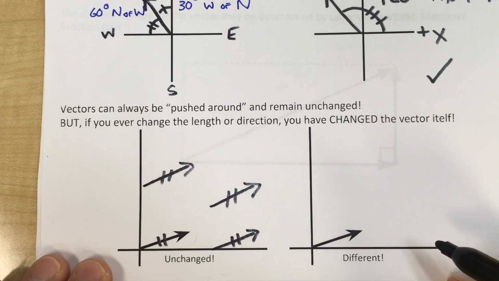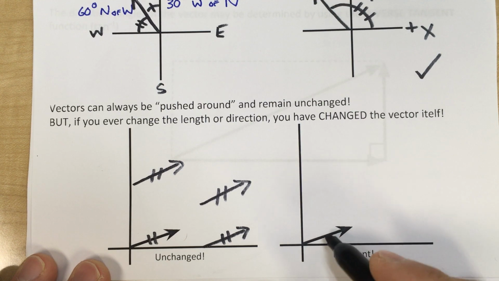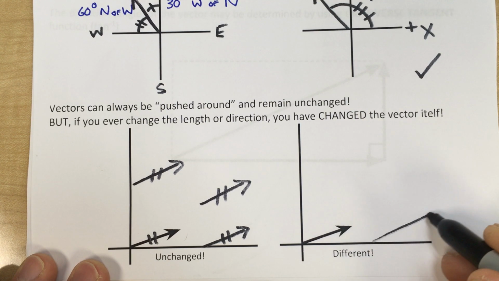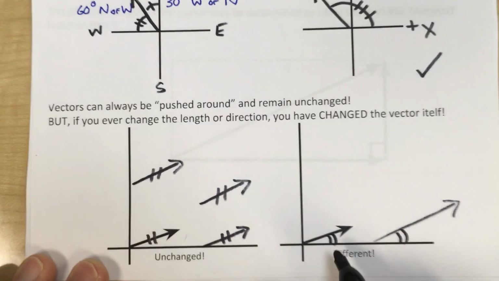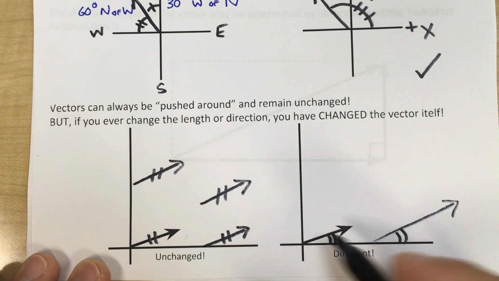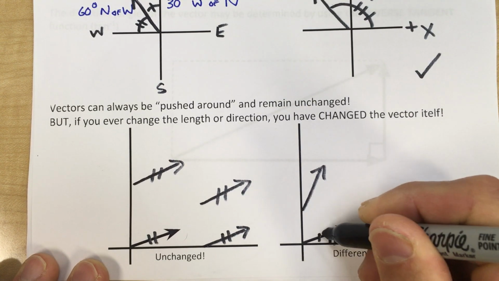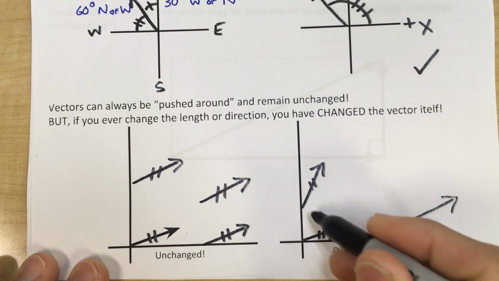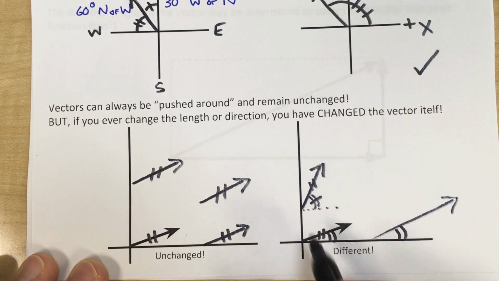Now, if you change the direction or the size, then it makes a difference. If I took this vector and drew it like this, keeping the angle the same but making the length much bigger, that's not the same vector anymore. Or if I took this vector and tilted it up this way, so it has the same length but a different direction, these are not the same.